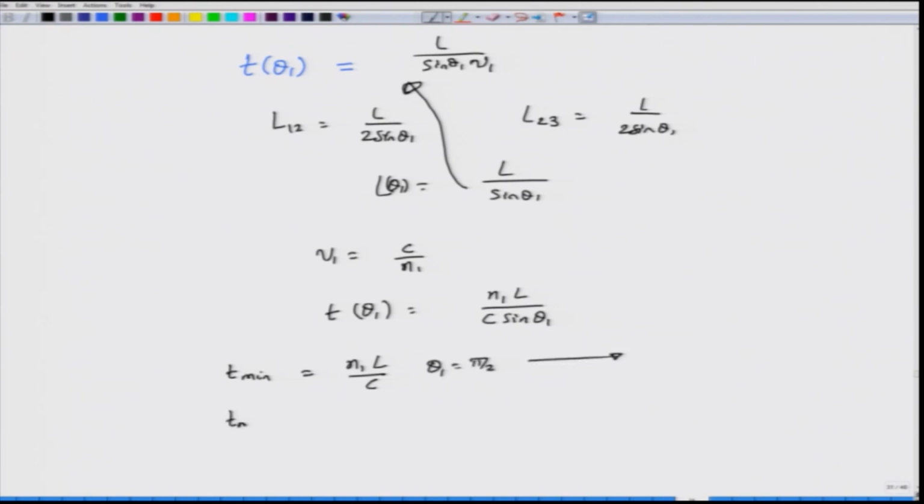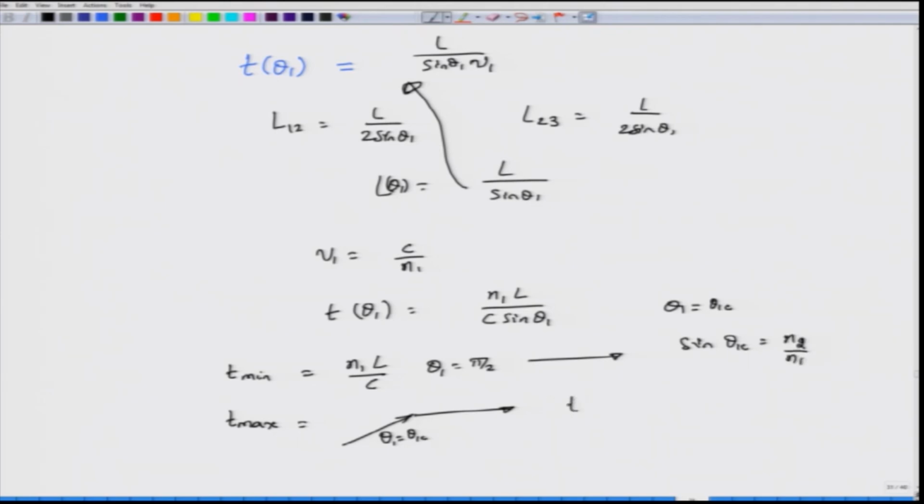The maximum time is taken by that ray which travels just at the critical angle. So, when your angle is just at the critical angle, it would take the maximum time duration to propagate, and that can be obtained by letting theta 1 equal theta 1c and recognizing that sin theta 1c is basically given by n2 by n1.